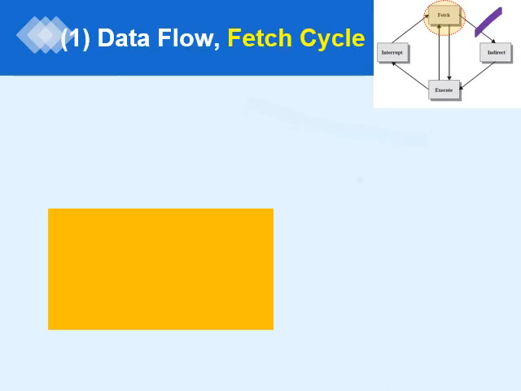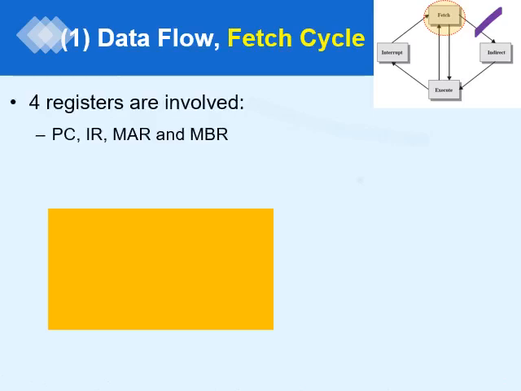We can, however, indicate in general terms what must happen. Let us assume that a processor employs these registers: PC, program counter, instruction register, IR, memory address register, MAR, and also memory buffer register, MBR.